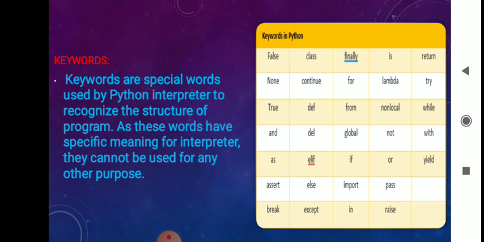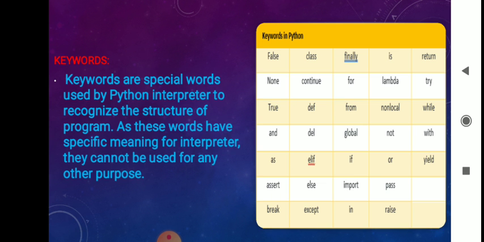Keywords are special words used by the Python interpreter to recognize the structure of a program, as these words have specific meaning for the interpreter. They cannot be used for any other purpose. That means each one has a special role within the Python IDE.